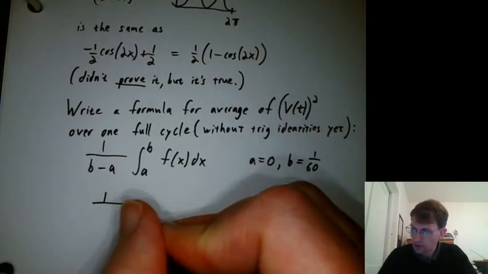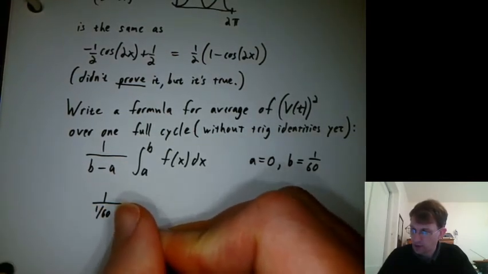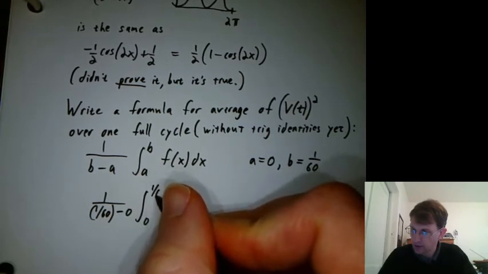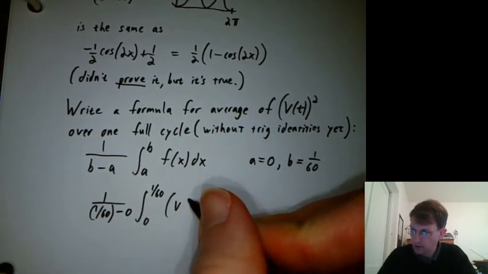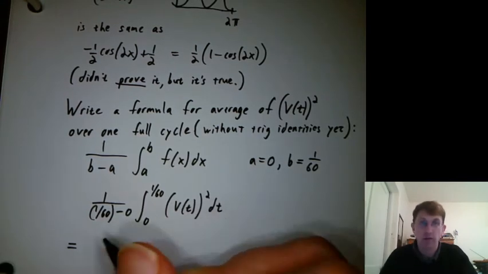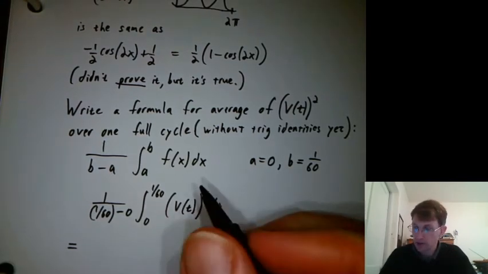So we got 1 over 60 minus 0, integral 0 to 1 over 60 of v of t squared dt, and then rewrite that using the formula we know for v of t.